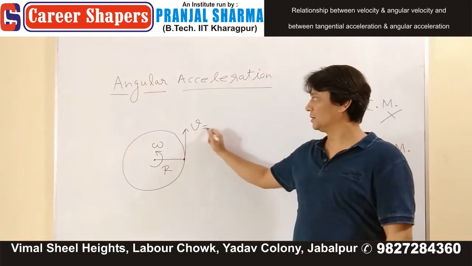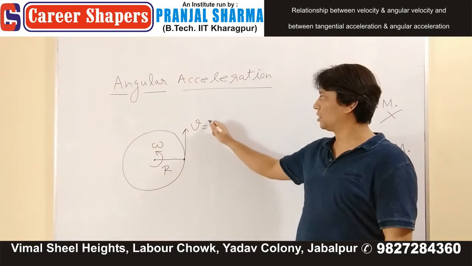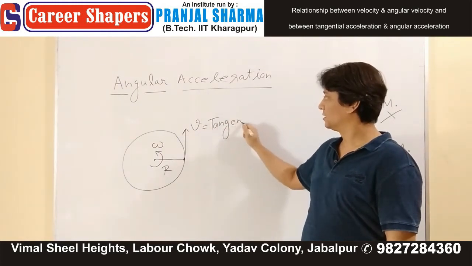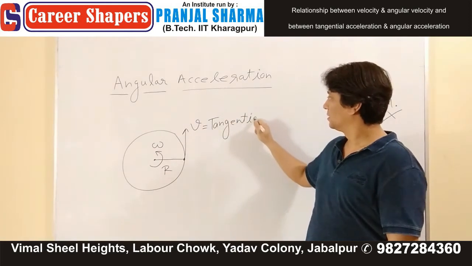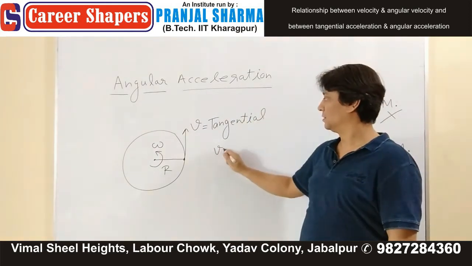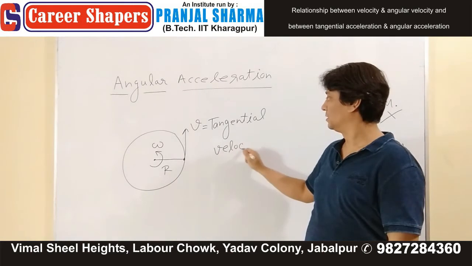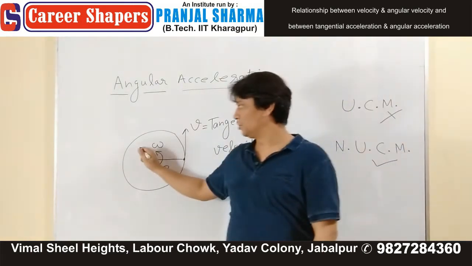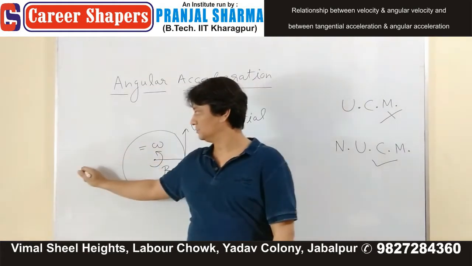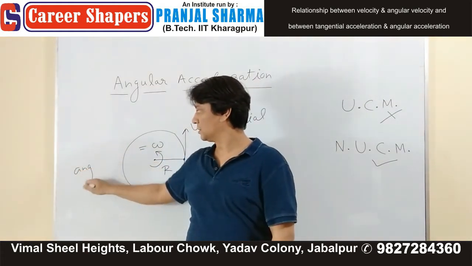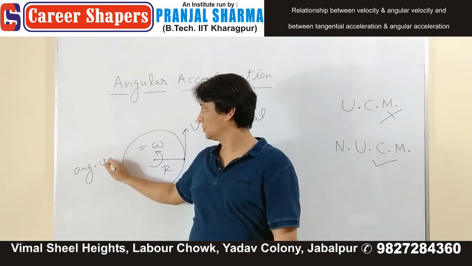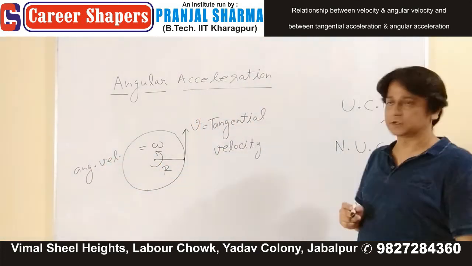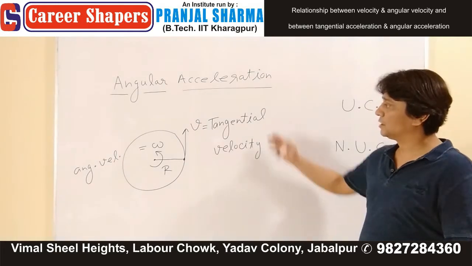V is simple velocity, or you can call it tangential velocity. Omega is called angular velocity.